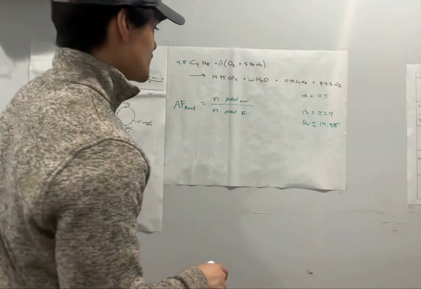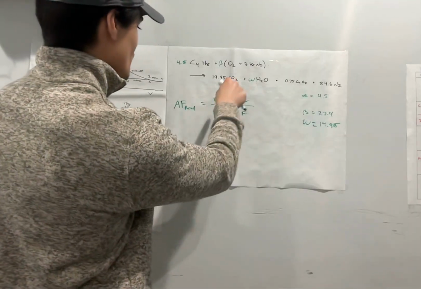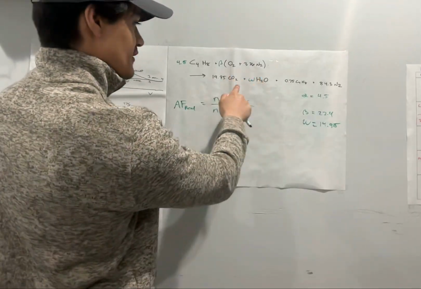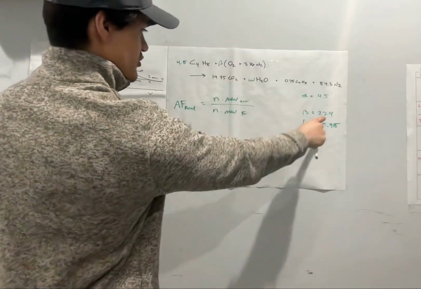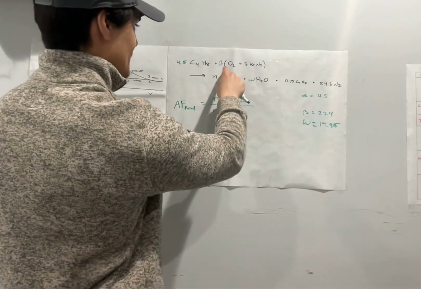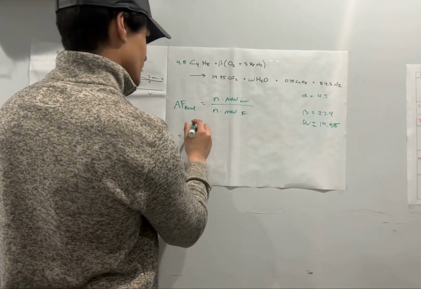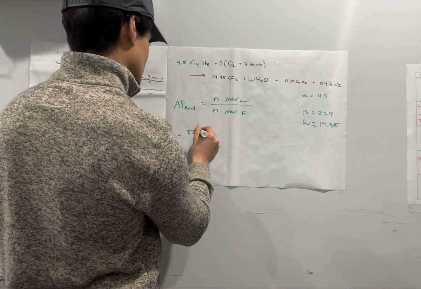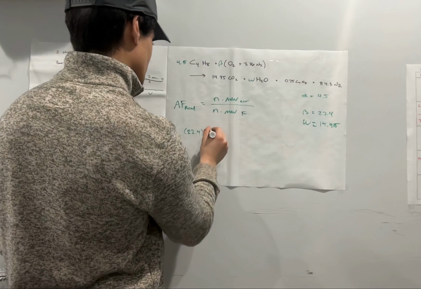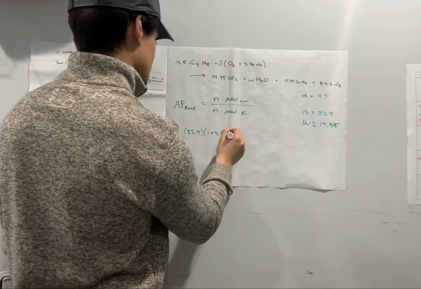So the number of moles for the air is going to be beta, which is 22.4, times 1 plus 3.76.